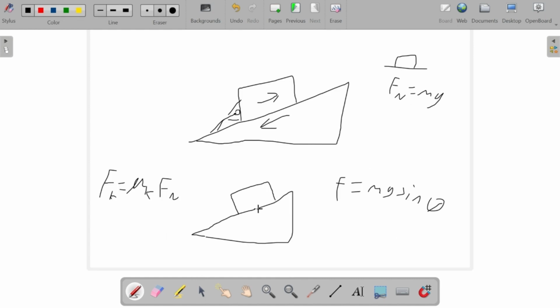In this case, it's not true, because the Fn is this force here. Now, what do you think it is? I'll give you like 5 seconds to think of that. Okay.